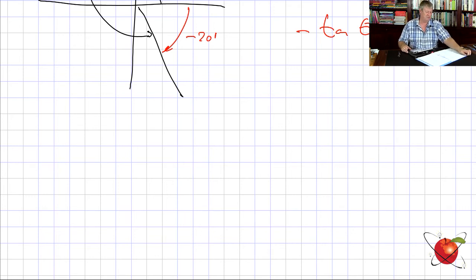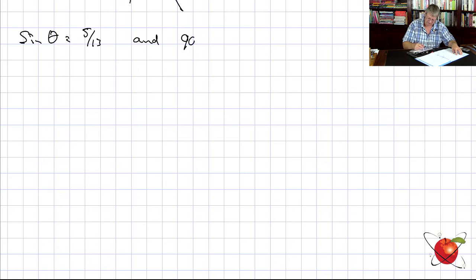Here, for example, the examples we've got, let's have a look. They have given us this: sine theta is equal to 5 over 13, and 90 degrees less than or equal to theta less than or equal to 270 degrees.